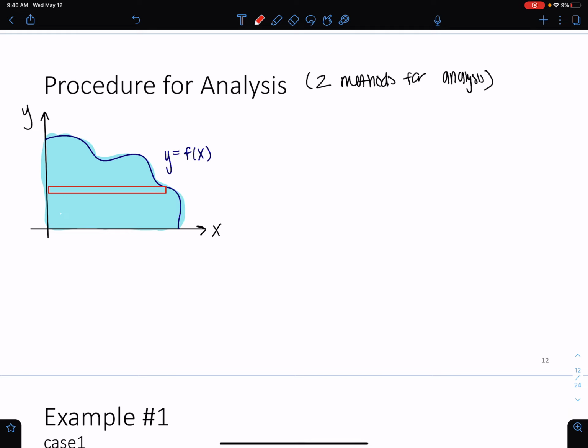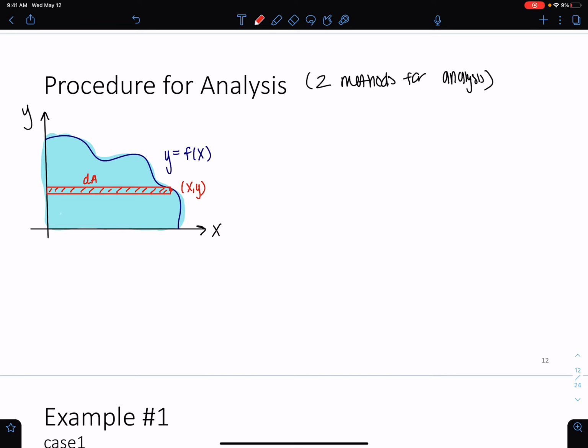Let's say this little rectangular differential element hits here at some point x, y, some coordinate point. This element has some area, dA.